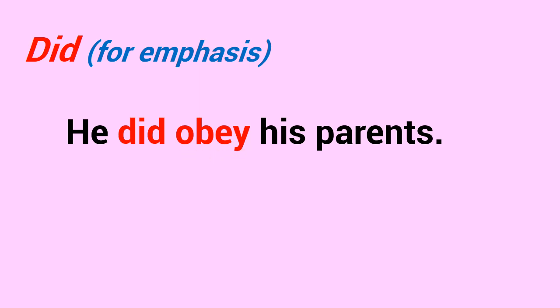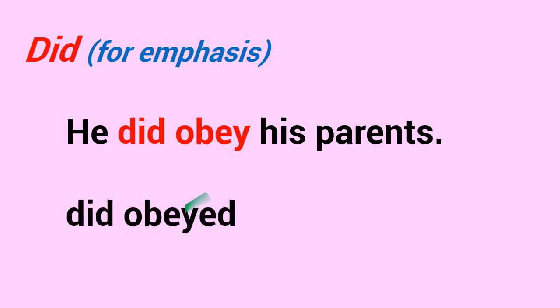So we will not say he did obeyed his parents because it's double past tense and did has to be paired with the base form of the verb. So we're done with the three auxiliary verbs paired with the base form of the verbs.